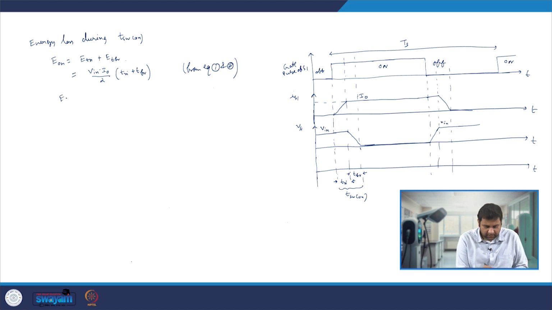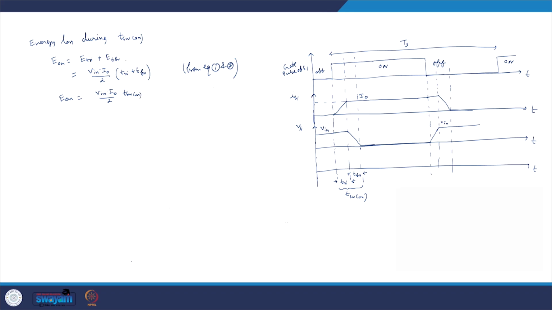This is the energy during turn on: V_in I naught by 2 times T switch on. That means the time during which the transition of voltage and current takes place.